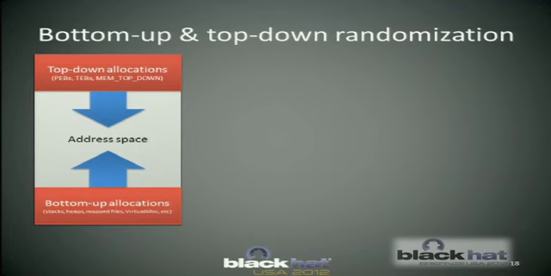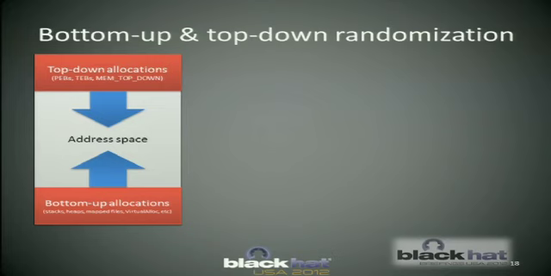Okay, a second thing that we've done is something that we call bottom-up and top-down randomization. If you think about the way that memory is allocated in Windows, and in fact most other operating systems, there are kind of three different ways that memory is allocated. It's allocated one way by specifying a specific base address where memory should be mapped, or it's allocated by saying, I don't know where I want to be allocated, so it tells the kernel to start searching from the bottom up for a free region that satisfies what's been requested.